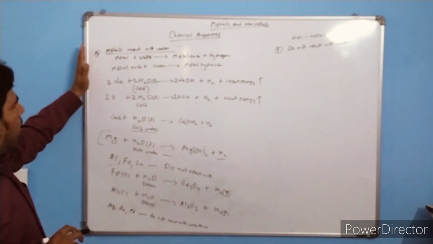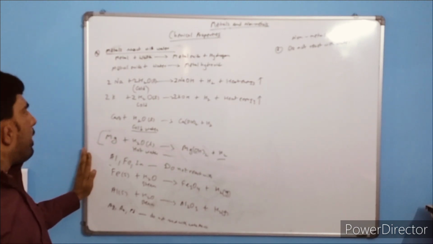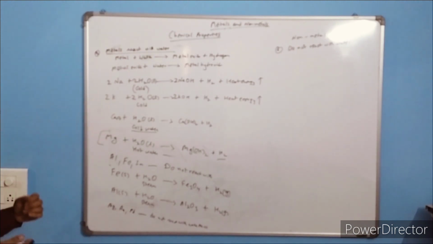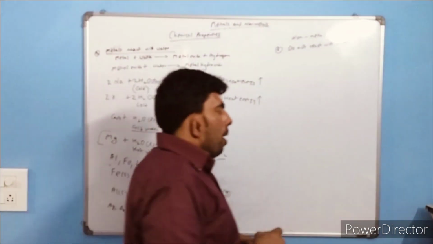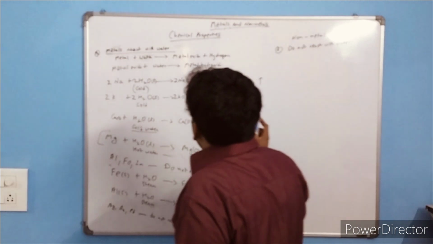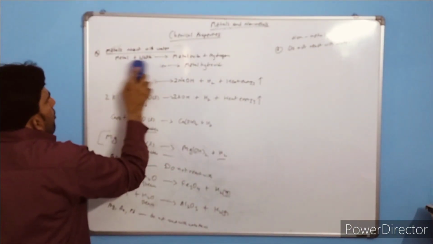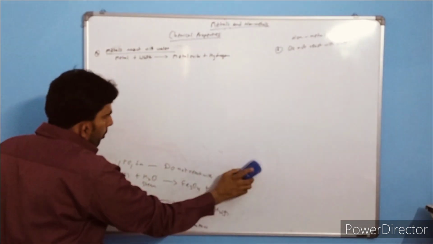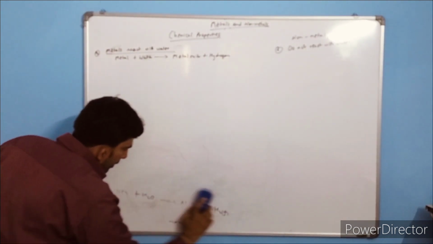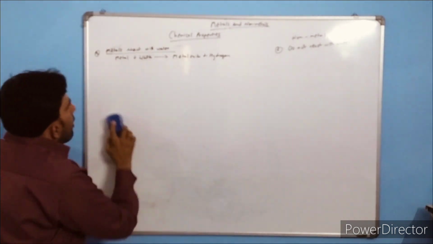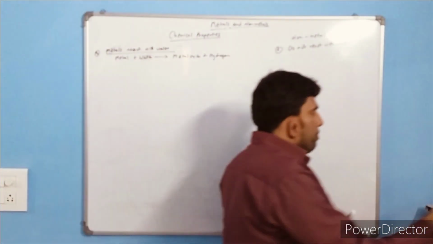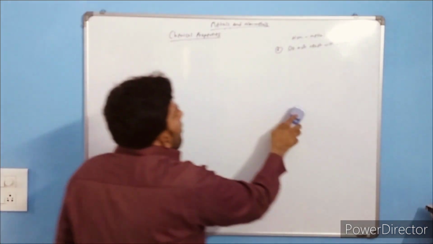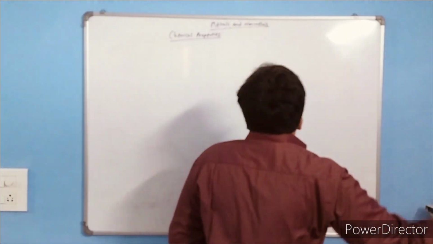Now we'll move to the next topic, the third chemical property. We'll see what happens when metals react with dilute acids.